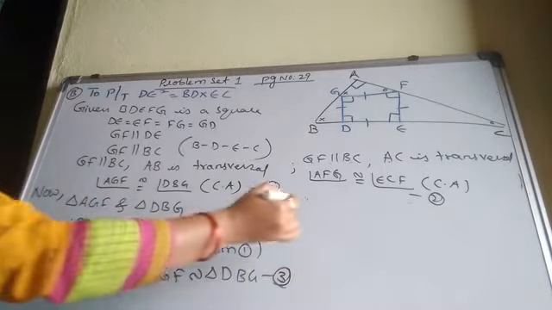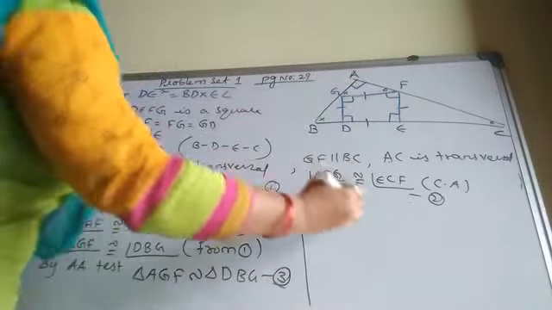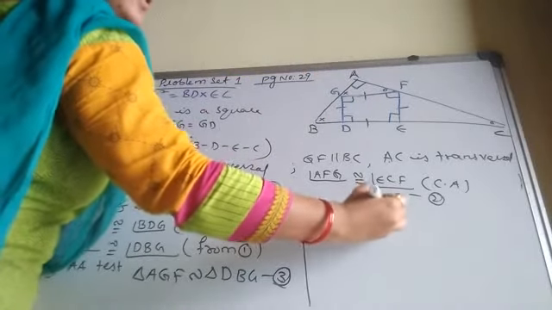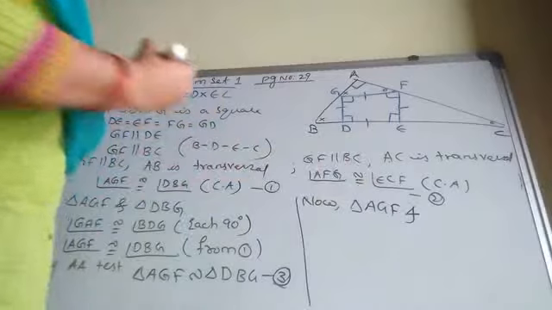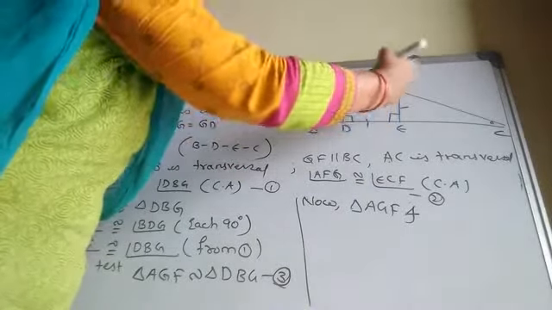Okay. Now the remaining two triangles, same: triangle AGF and triangle EFC.